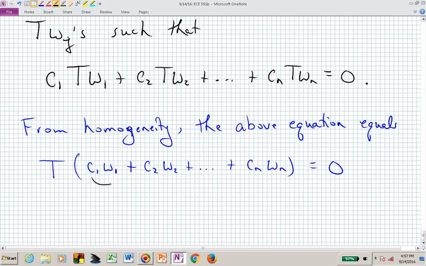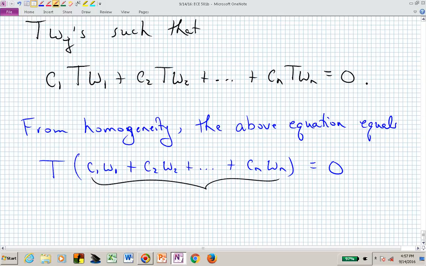And what do we know now about that vector? That's just a vector that's the input vector of our linear map T, and it's mapping to 0.